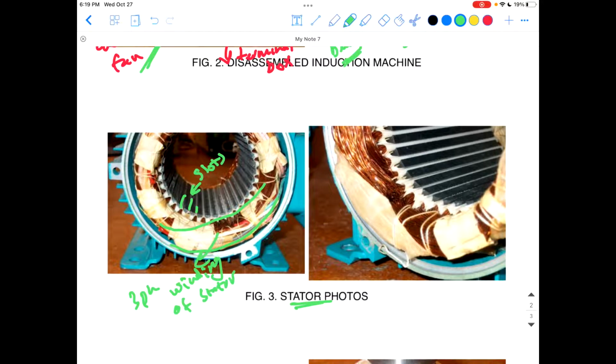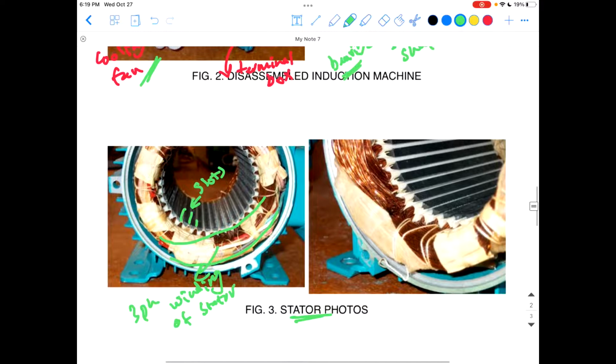You have copper coils, copper winding, and you also can see them here. If you see here, those are the wires going inside the slots, and the overhang or the connection is coming from outside like this. So the winding goes inside the slots like this, and you just connect them, or you complete the turns outside here like that. Okay, guys.